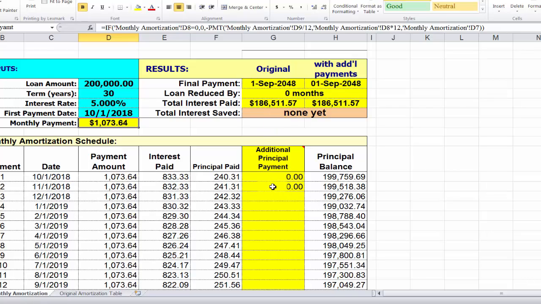And if you pay enough times, it's going to reduce your loan by so many months, and it'll tell you right here. So this spreadsheet is going to tell you everything you need to know. And the reason you want to use this is because you know definitively what you are paying out to the bank each month. So obviously your monthly income has to be more than $1,073. Hopefully that makes sense.